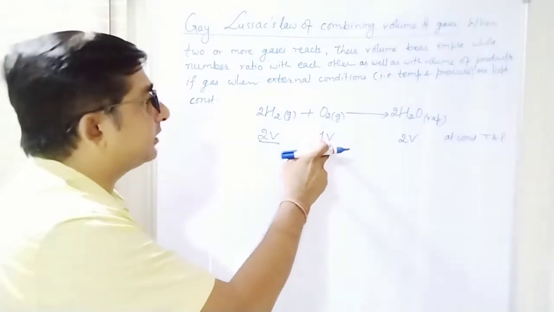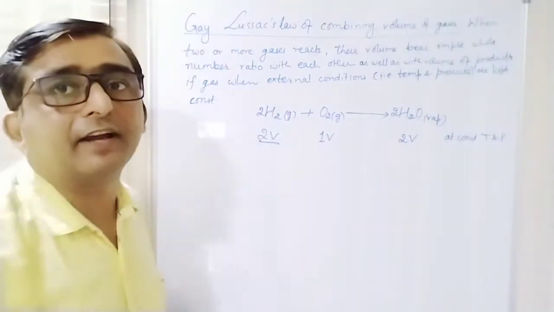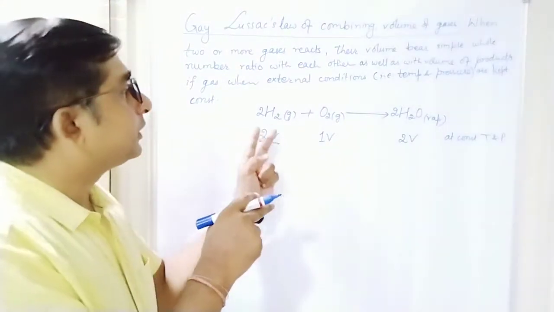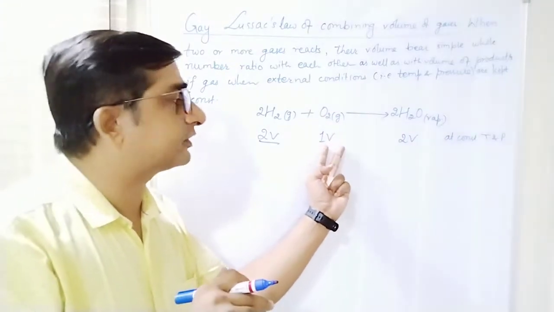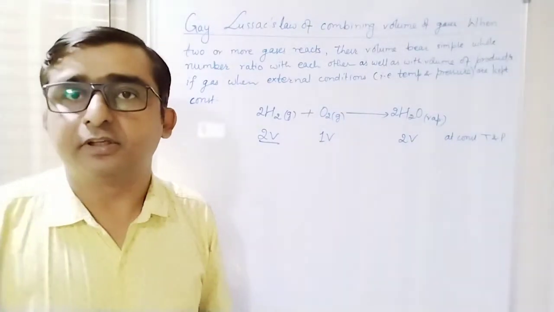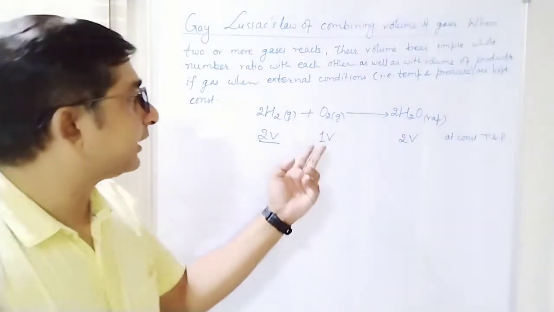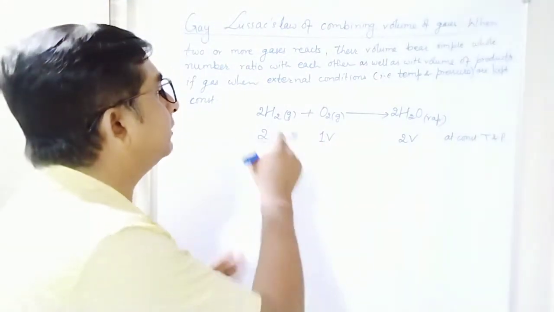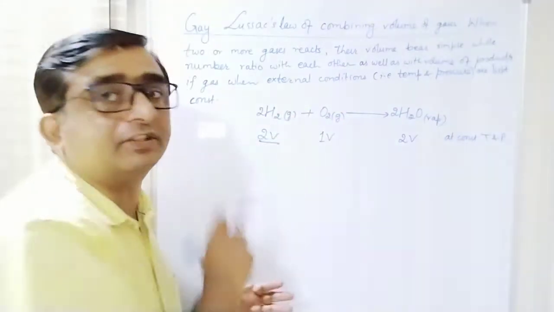Suppose it is 1 liter. If I take 1 liter of oxygen, I will be taking 2 liters of hydrogen. So automatically 2 liters of hydrogen will contain twice the number of molecules of oxygen present in 1 liter of oxygen, because if you double the volume, the number of particles will double. According to this reaction, the number of hydrogen atoms should be twice the number of oxygen atoms.